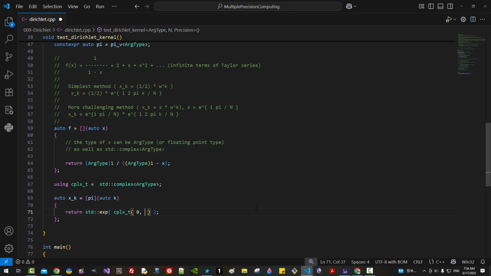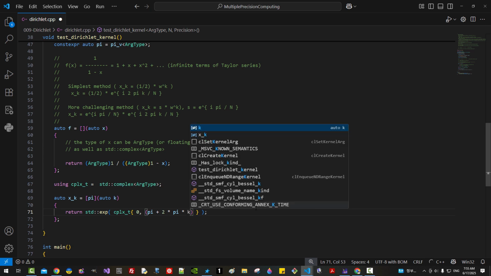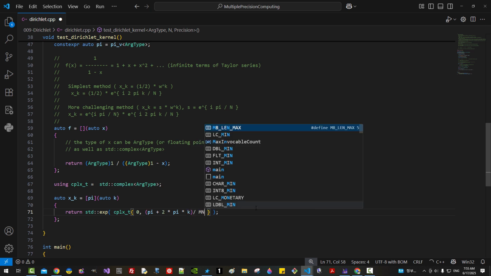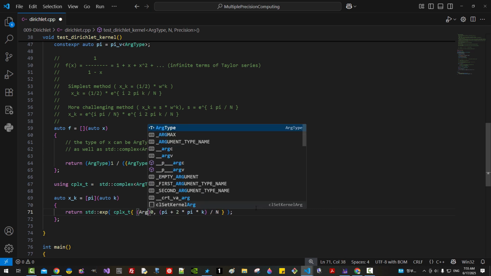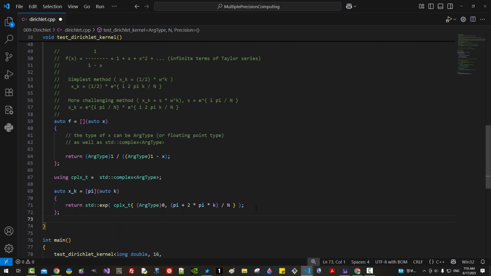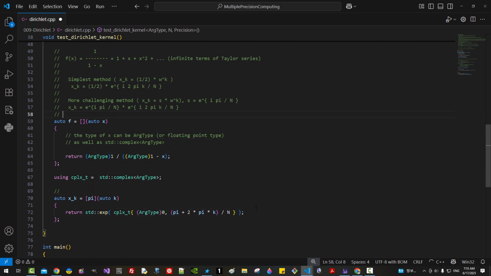Here, the real part is 0, the imaginary part is pi plus 2 times pi times k over n. Here, we need typecast ARG type. This xk represents this expression.